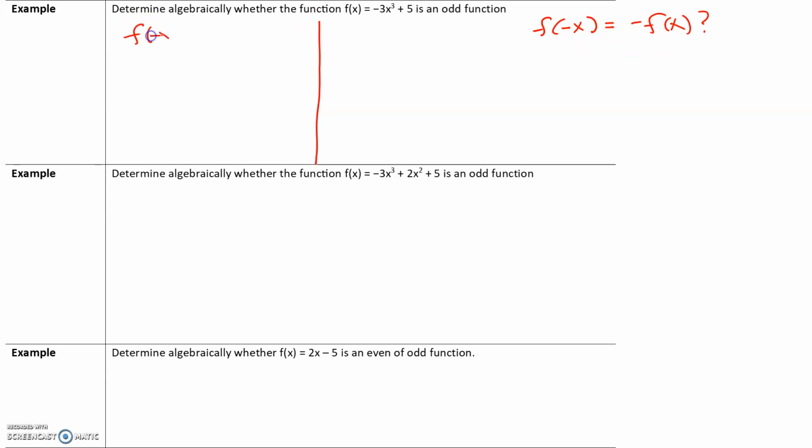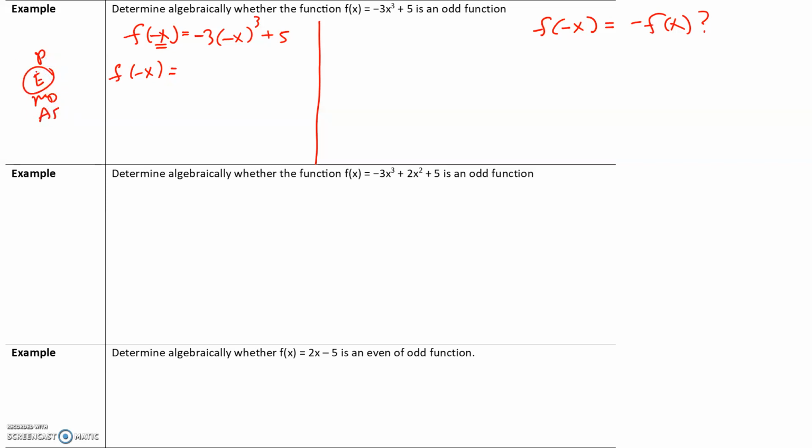Let's start with f of negative x. For f of negative x, this becomes your input. So we have negative 3 times your input. So the x value in the expression gets replaced with the input. So that's going to be negative 3 times negative x to the third power plus 5. If I simplify that, remember order of operations: parentheses, exponents, then multiply, divide, then add, subtract.